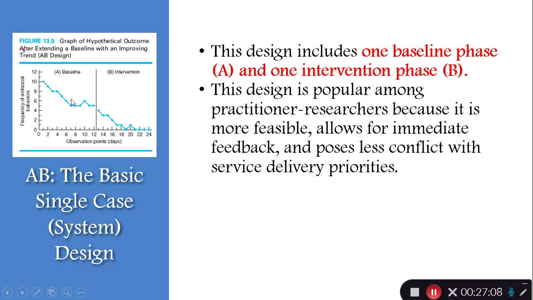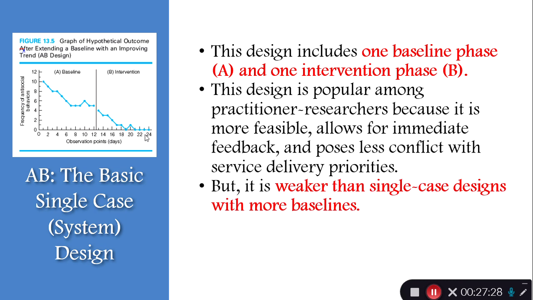And it still has the multiple measurement points within each phase, but it only includes just one baseline and one intervention phase. And so this allows for more immediate feedback, and it poses less conflict with some of the service delivery priorities that may be present within our various agency contexts.